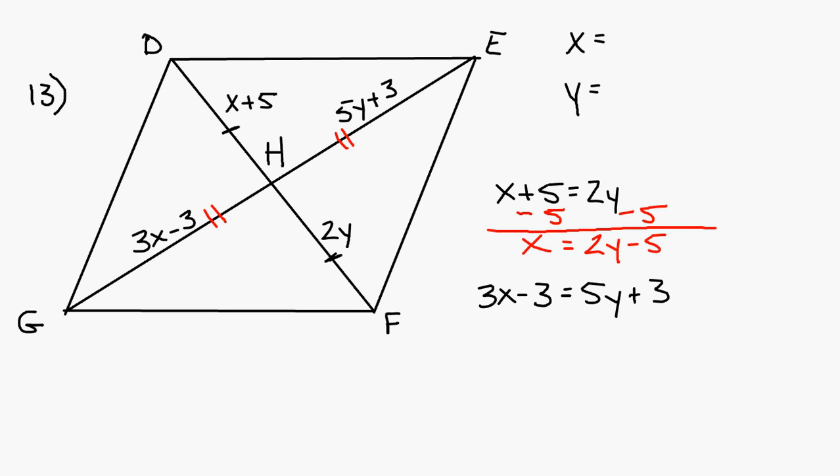Now that you have a value for x, in the bottom equation you can replace the x with 2y minus 5. So it would look like this: 3, where the x is, you put the 2y minus 5, equals 5y plus 3.